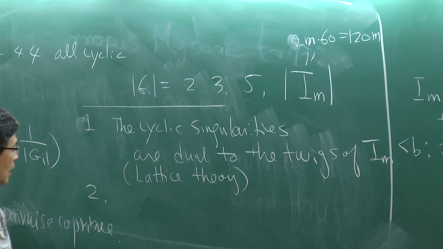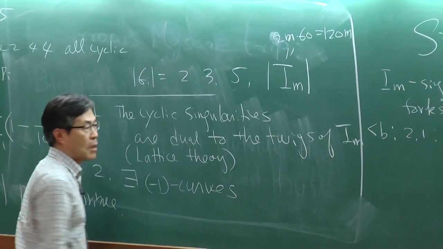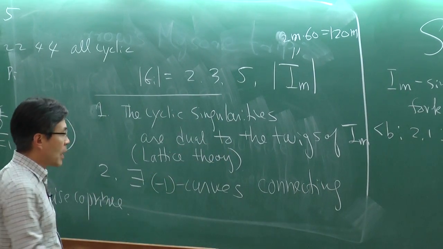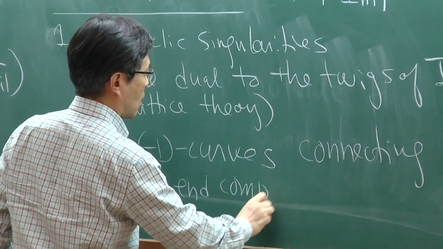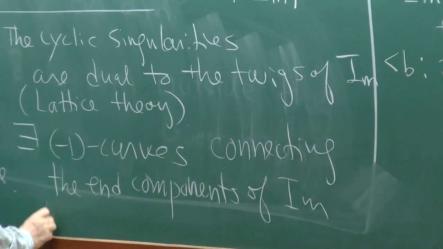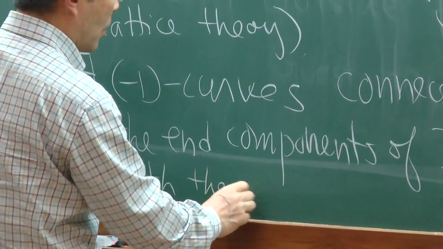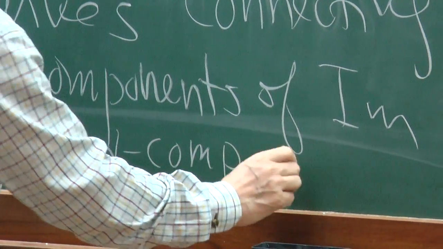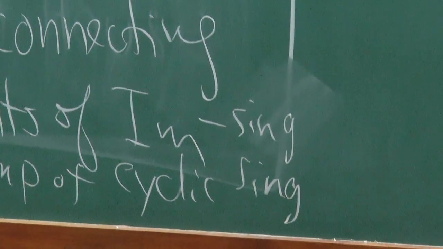And number 2, the hard part, is that there exist -1 curves connecting the end of twigs of the I_m singularity with the cyclic singularity, with the end component. So this is the idea.